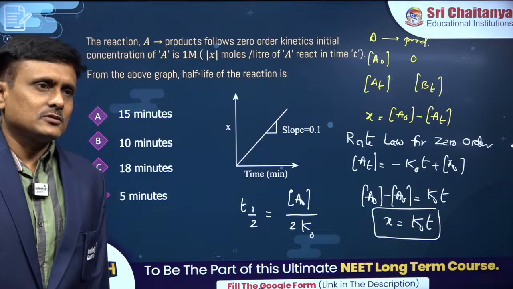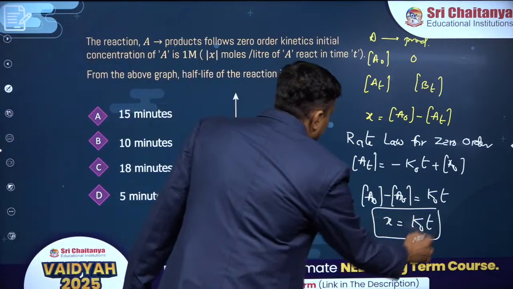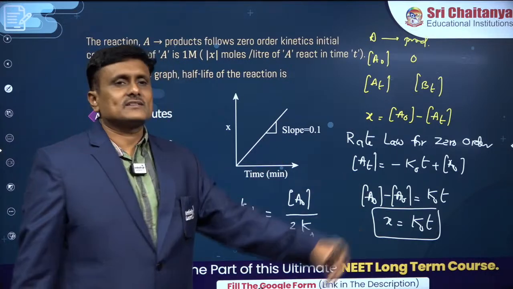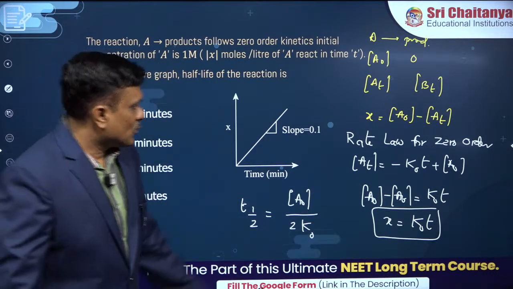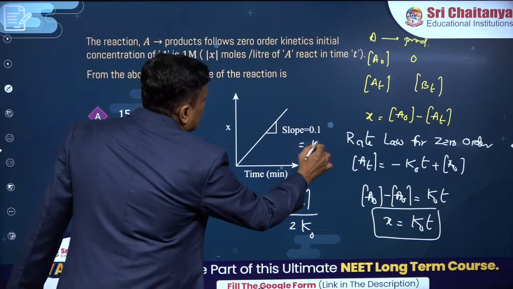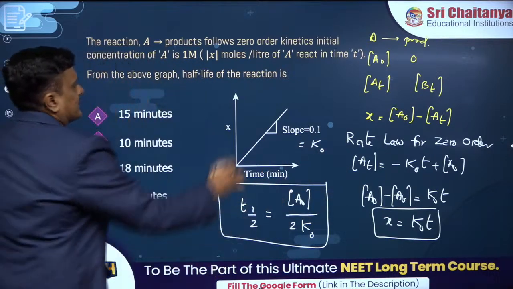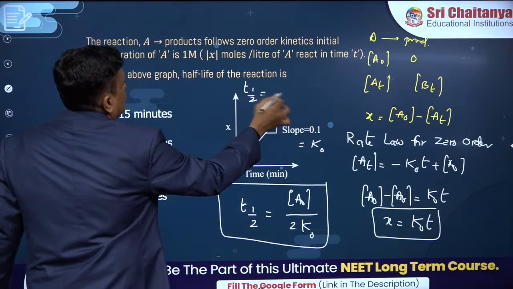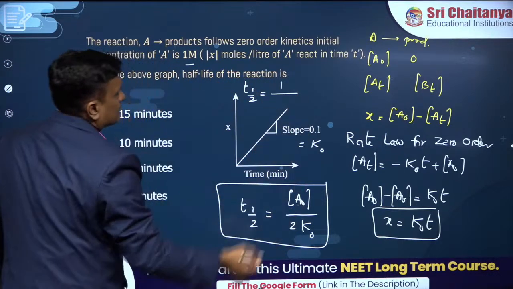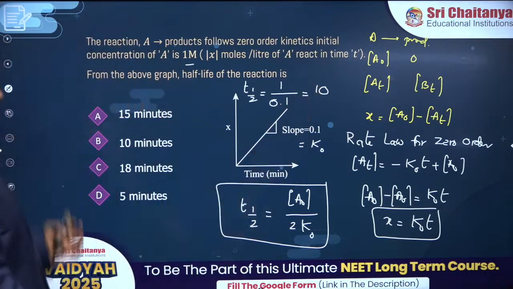This equation is in the form y equal to m into x, where the y coordinate is x and the x coordinate is t. So the slope is nothing but your k naught, which you need to substitute here. That's all. So T half equals, initial concentration is given as 1, divided by 2 times the slope, which is 0.1. So the right answer for this question should be 10 minutes.